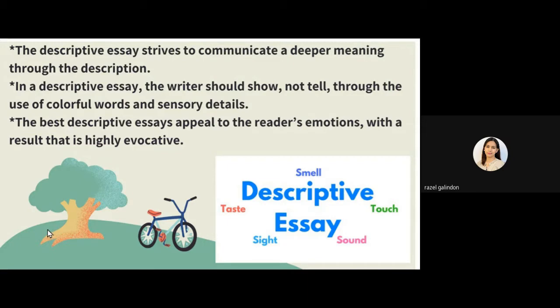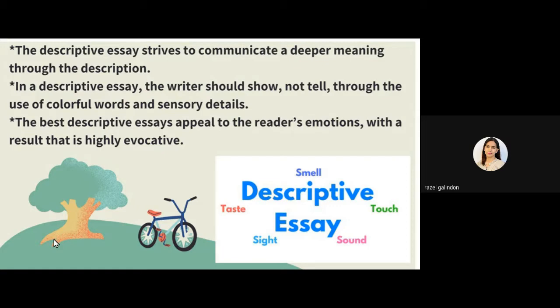Remember in the third quarter lesson natin, one of the lessons there was sensory imagery, where we discussed the 5 senses: smell, touch, taste, sight, and sound. So here in descriptive essay, the writer should use different sensory imagery in his essay.